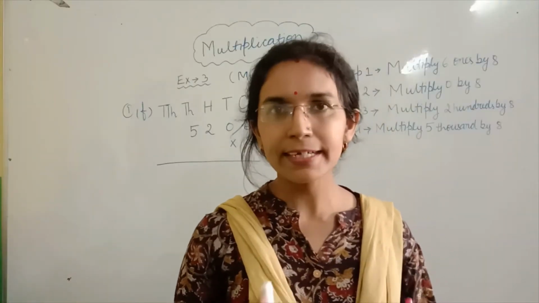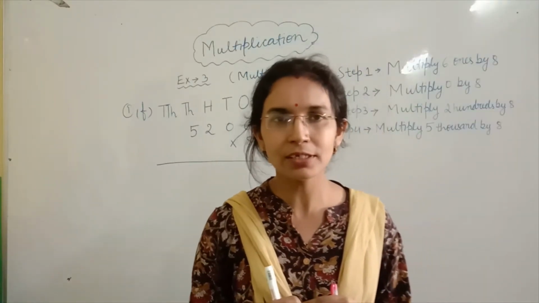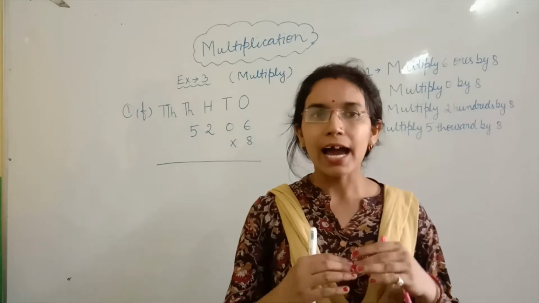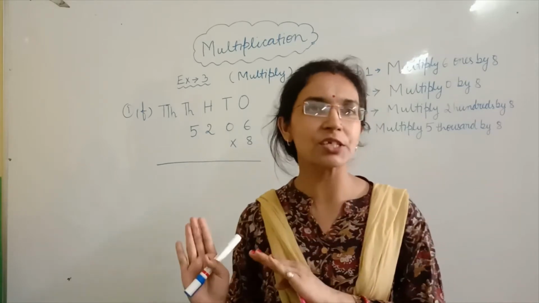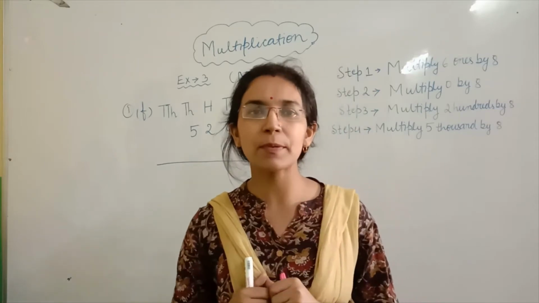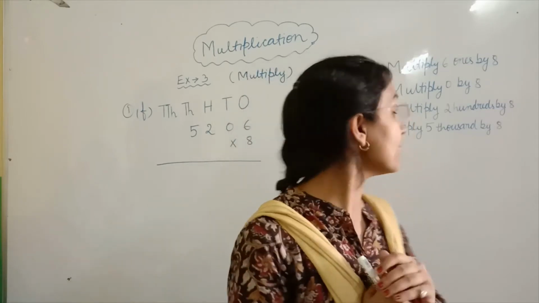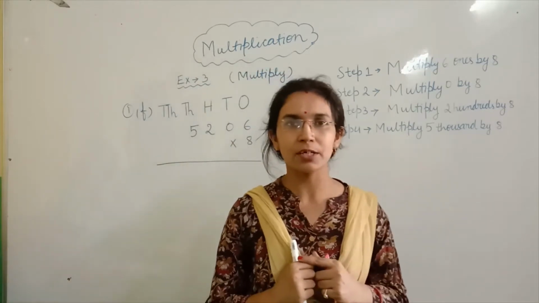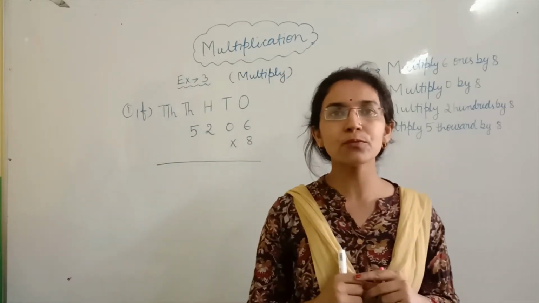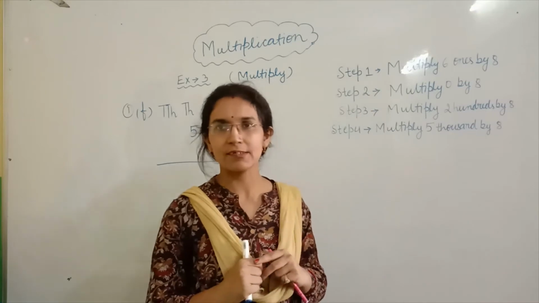We discussed already what is multiplication, and I had already explained it to you with an activity and by showing you pictures also. Now I will explain you how to multiply a 4-digit number with a 1-digit number. So I am going to explain you with the process.